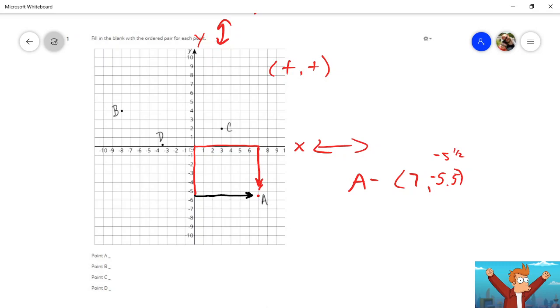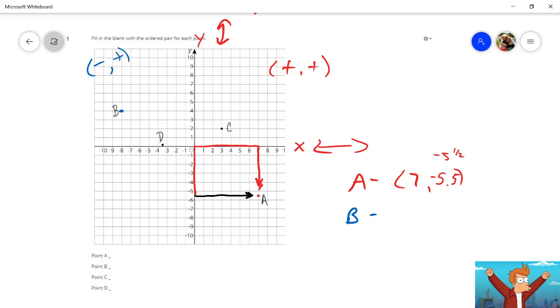Okay, beautiful. Let's take a look at B. B is way over here in quadrant 2. Let me see if I can remember. Quadrant 2 would be a -x because it's on the left side of the origin, but it would still be a positive y because it's in the top part.